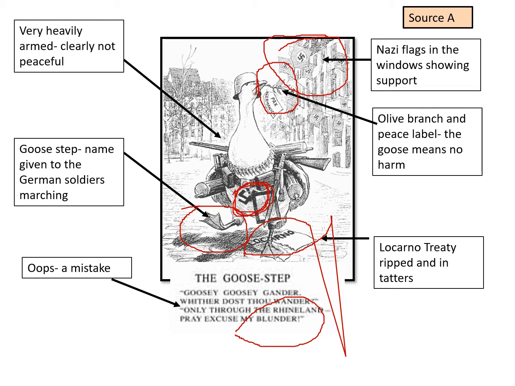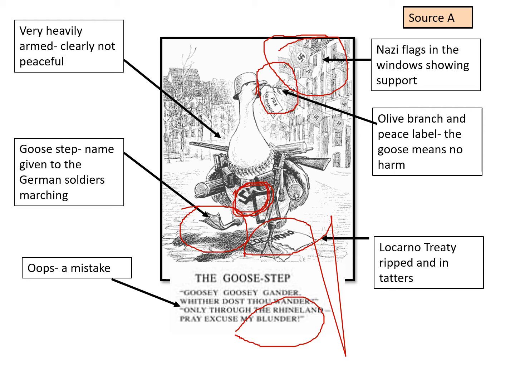So make sure that you've got a number of those annotations already written down for me, Year 9. So emphasise the fact that this goose, despite the fact that it's pretending to bring peace, is being welcomed by the local population. But if you remember, this wasn't an invasion by the Germans, was it, the remilitarisation of the Rhineland? The Rhineland always remained German land.